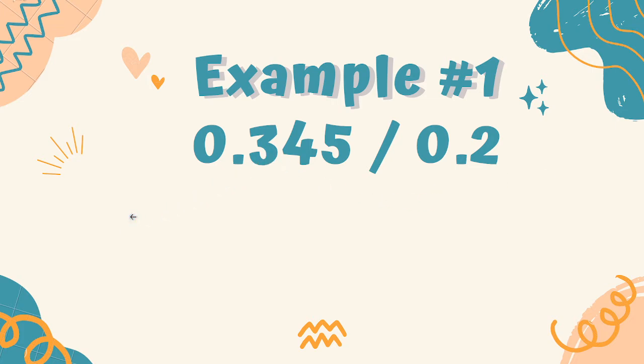So how do we solve this problem? Now that we pretended that these are whole numbers, 345 divided by 2. Let's see. 345 can't be equally divided by 2, but if you add another 0, 3,450 divided by 2, that would work.